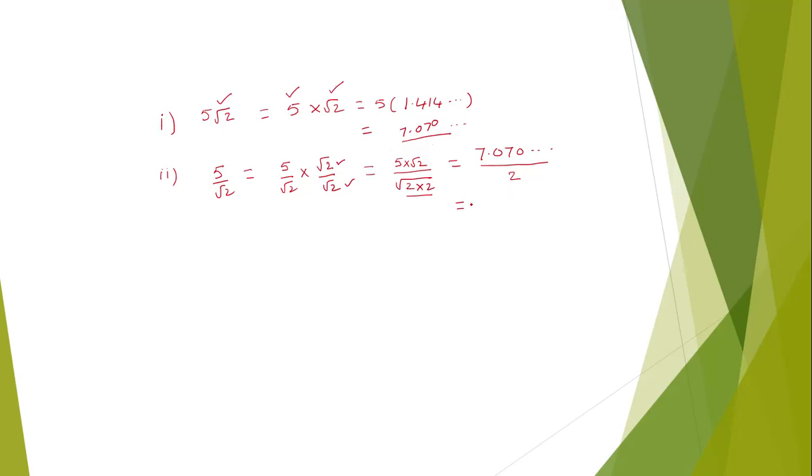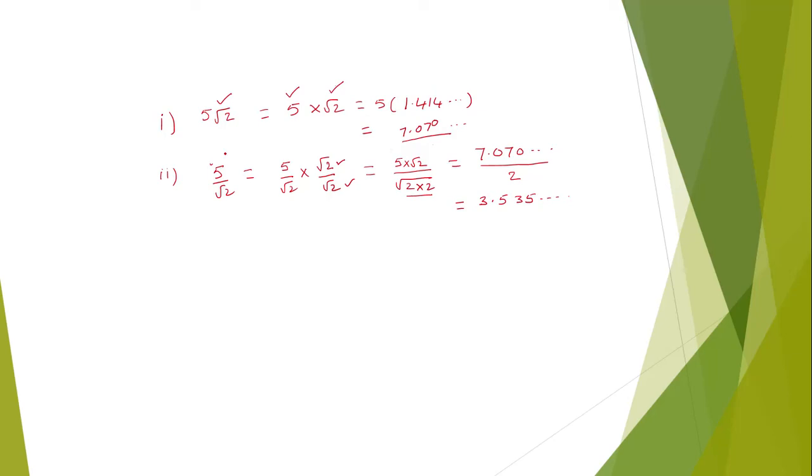Divided by 2, what do you get? 3.535 etc. What do you say about 3.535 etc.? It is an irrational number. Why? Because the numerator 7.070 is an irrational, and when it is divided by 2, again we get an irrational.